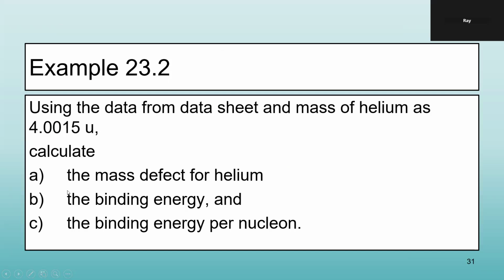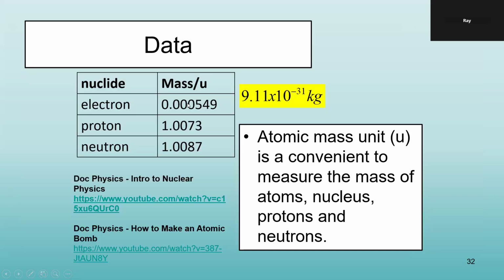Let's calculate as an example using the data from the data sheet. The data sheet just now gives you the mass of helium, which is the mass of the nucleus. We want the mass defect of helium and the binding energy per nucleon. How do we calculate that? Usually the electron doesn't come in because we are involved with the nucleus.